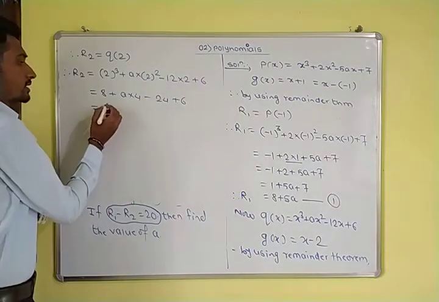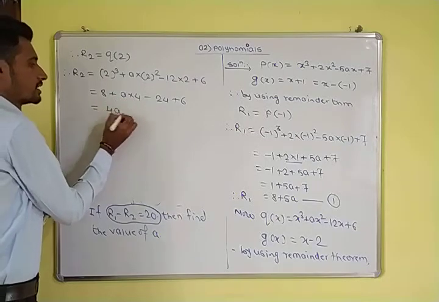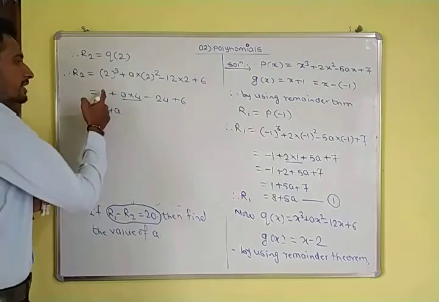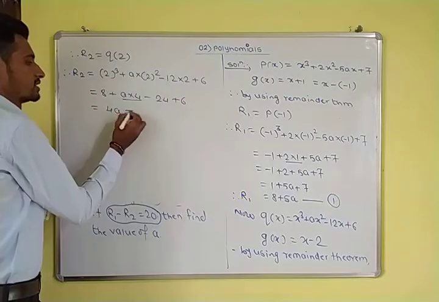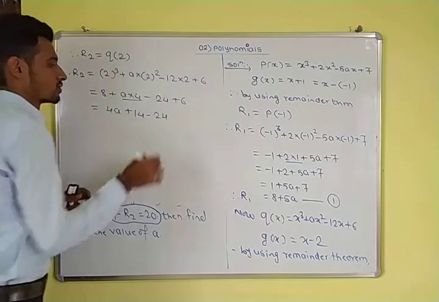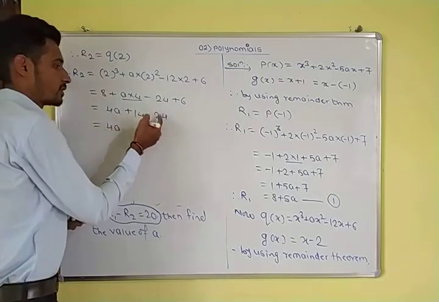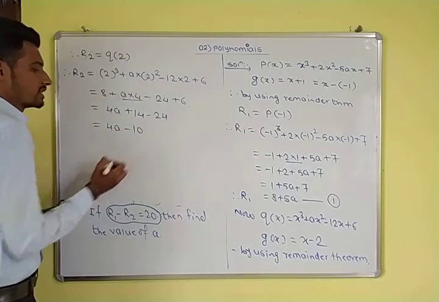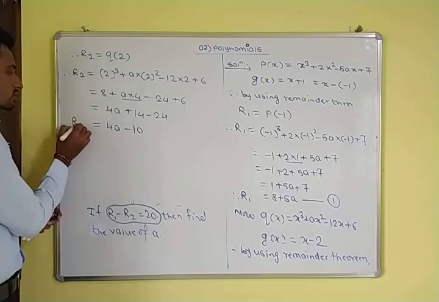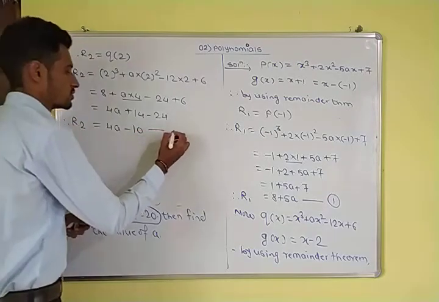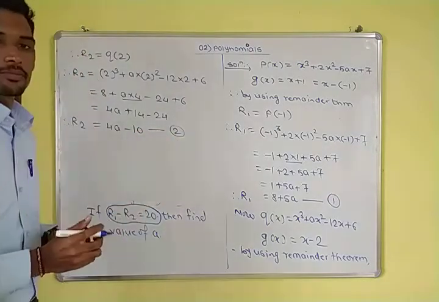So 8 plus 6 is 14, minus 24 is minus 10, and we get 4a minus 10. This is r2. Say this is equation number 2.